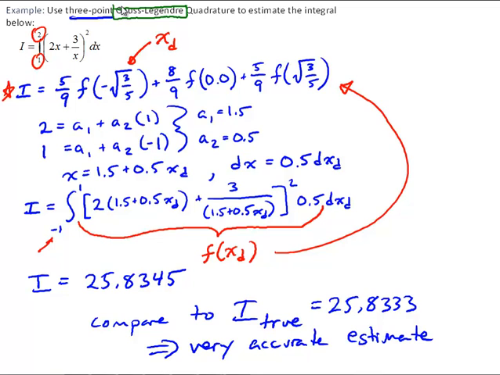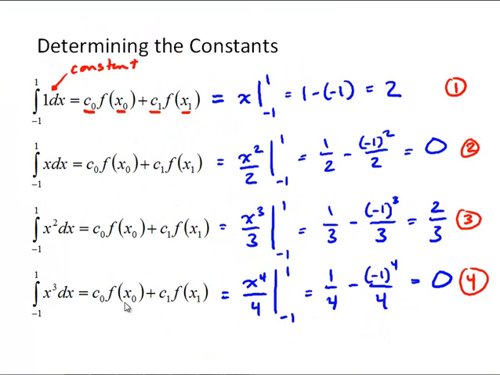And you can use other strategies besides the one that we used, developing the 4 constraints based off of these 4 exact integrals. You can use other approaches to developing those constants.